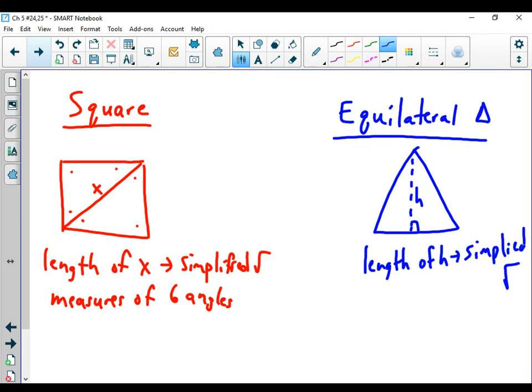Also, you're going to label all these angles. Counting the one I already labeled there, you have 6 again. So the measures of all the 6 angles. All right, so 2 different things you're going to have to worry about: the square and then the equilateral triangle.